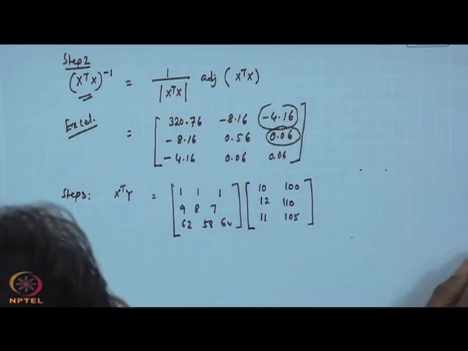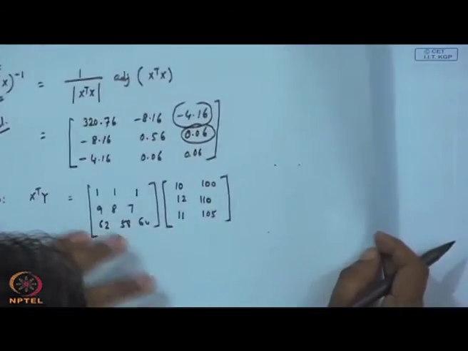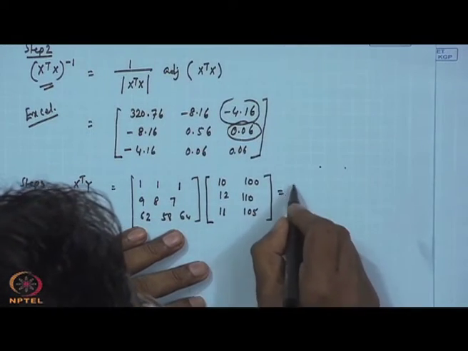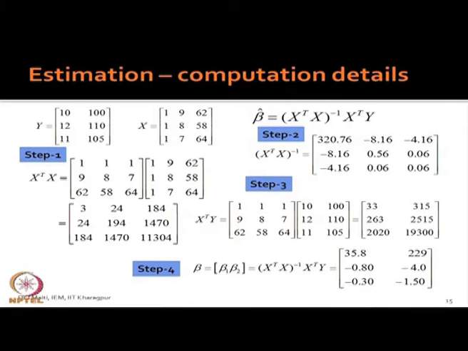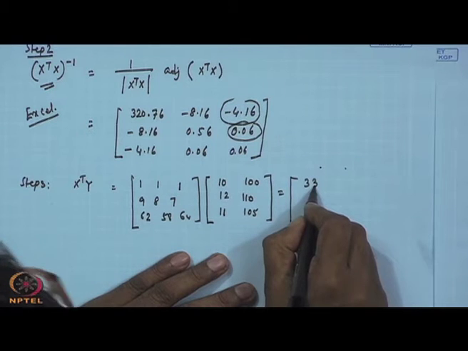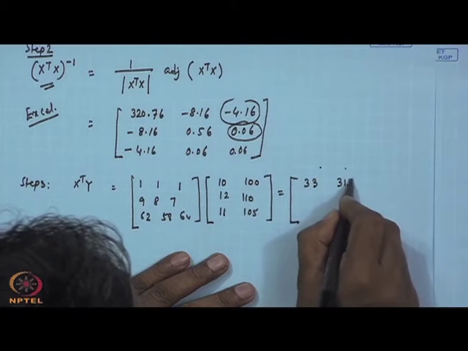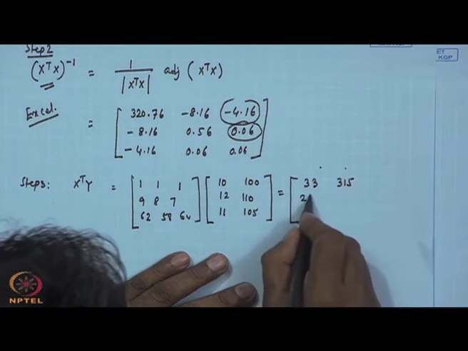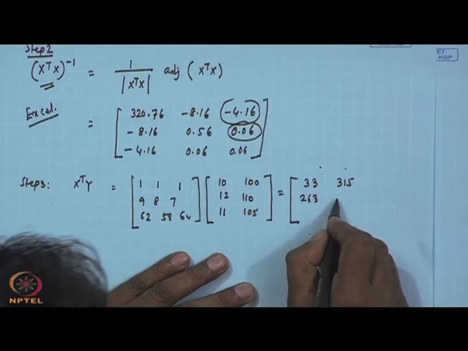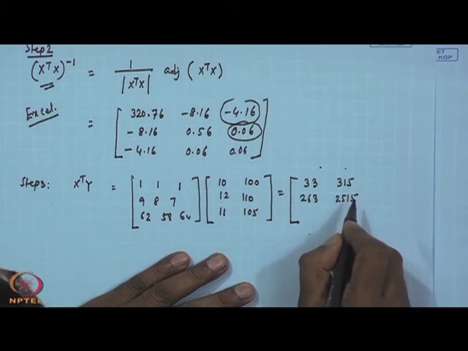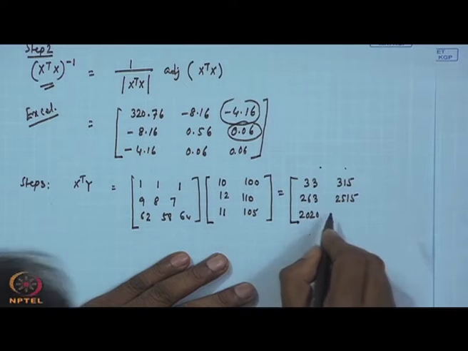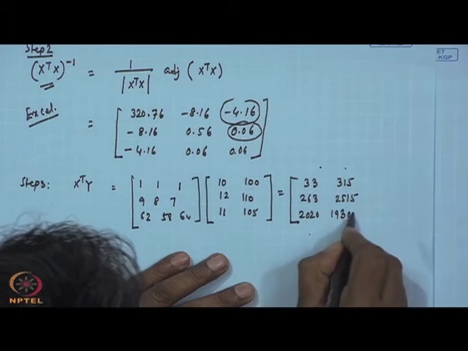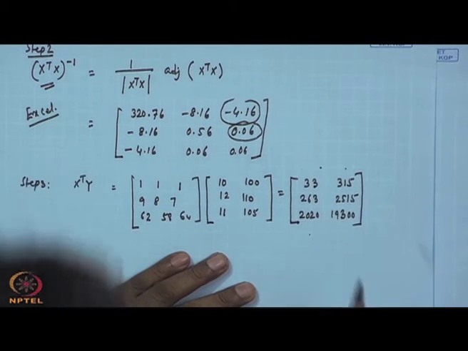Again, if you go for matrix multiplication of these two, and if you use Excel, what will you get? You will get X transpose Y equal to 33, 315, 263, 2515, 2020, 19,300.